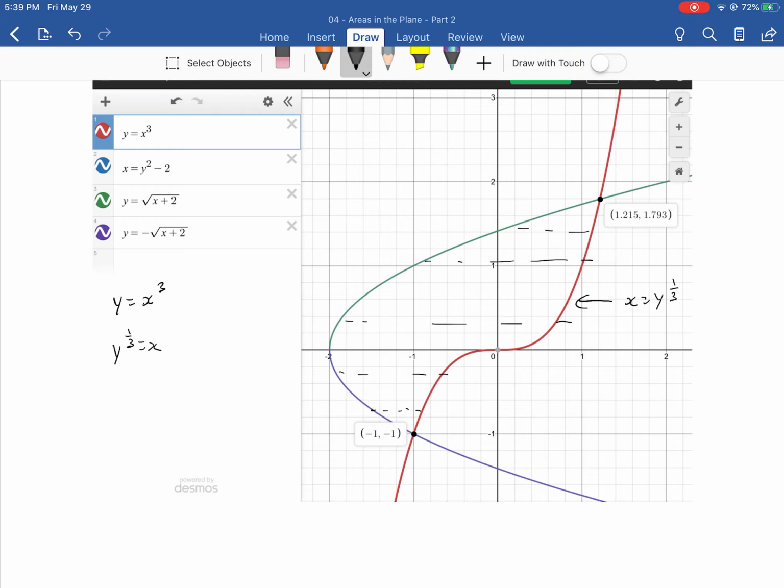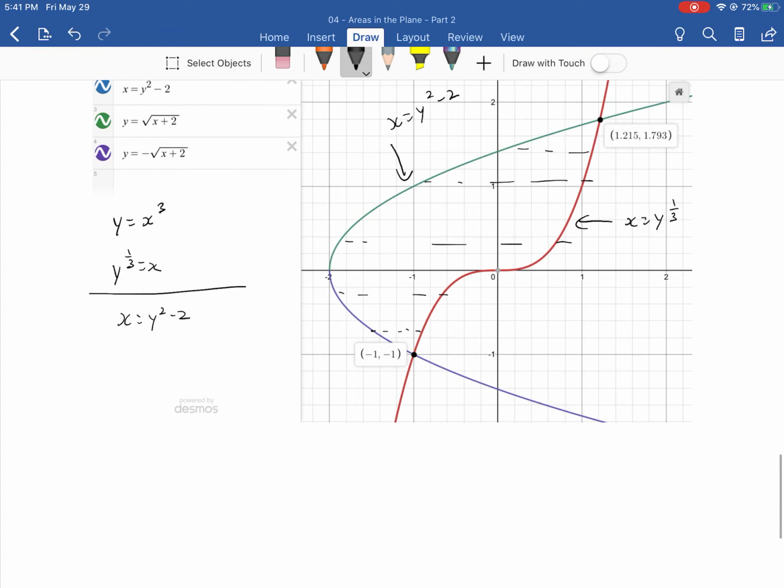So this function here is x equals y to the 1/3. All I've done is isolate x. That's really the same equation. And this function here, which was x equals y squared minus 2. Oh, wow, they already gave me that in just the exact terms I wanted, x equals y squared minus 2. You see, we're just trying to open our minds up a little bit and say, it doesn't have to be y equals.